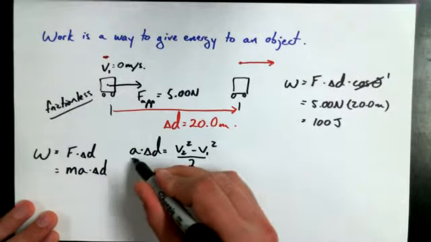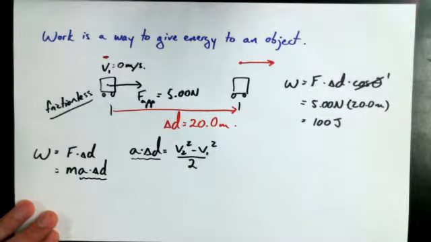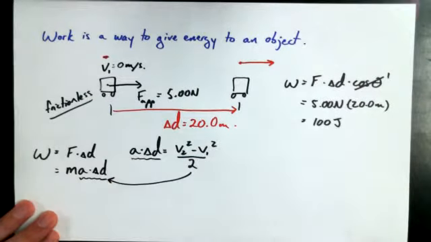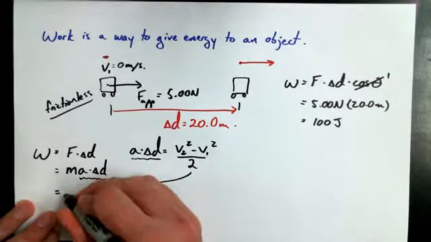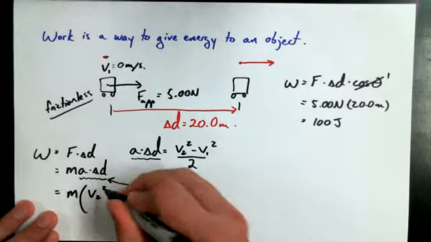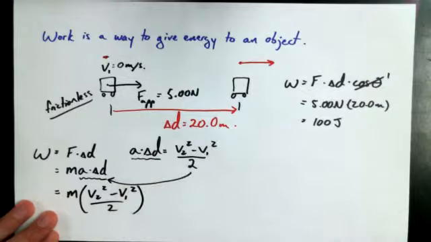And I could say, hey, look, there's an acceleration times displacement here, and there's an acceleration times displacement here. Those guys match up. Let's sub that expression into the acceleration times displacement. So I'm going to say, all right, well, the work that I do on something is also equal to its mass times, all in brackets, v2 squared minus v1 squared all over 2.